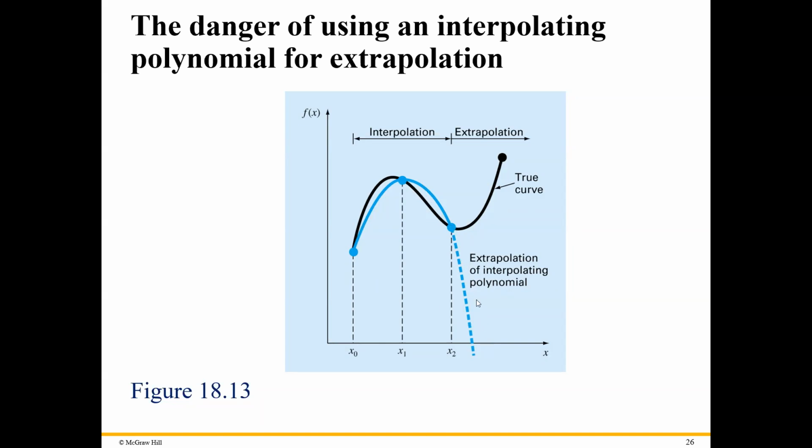The extrapolation may result in a slightly different direction than the true curve. Therefore, we should be very careful while extrapolating polynomials in this fashion. We will need the right kind of combinations of points for the extrapolation.